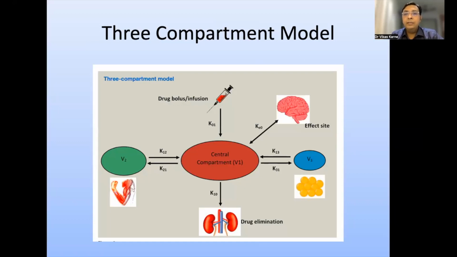So this is a three-compartment model. To achieve a constant level, we also need to consider the drug administered on one side and the drug getting eliminated on the other side. Though it is very theoretical, this model helps us imagine what is happening with the drug that we have administered and how it is achieving its effect.